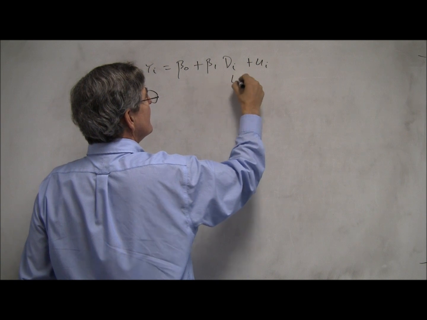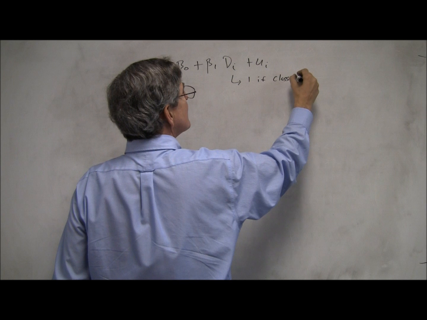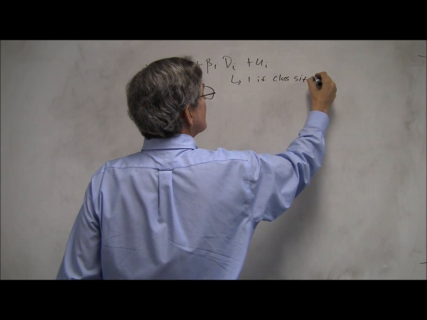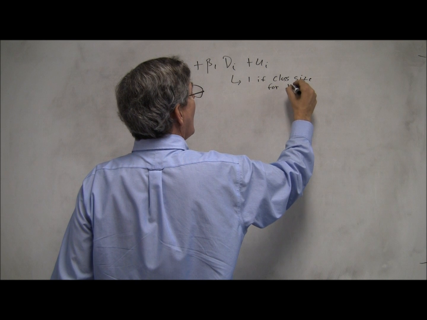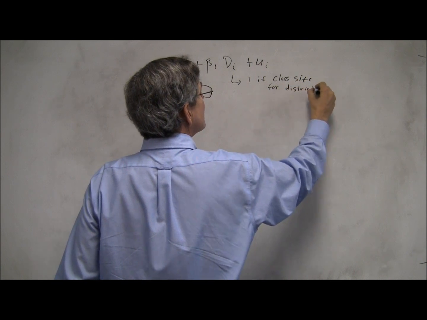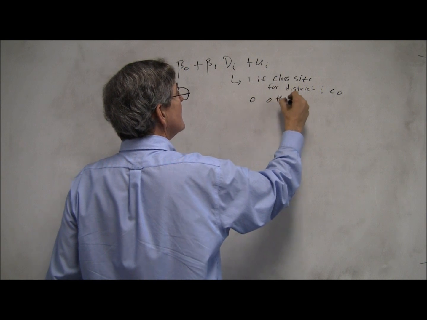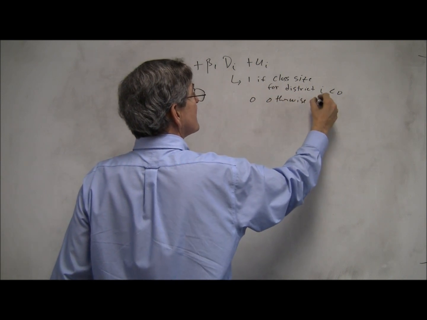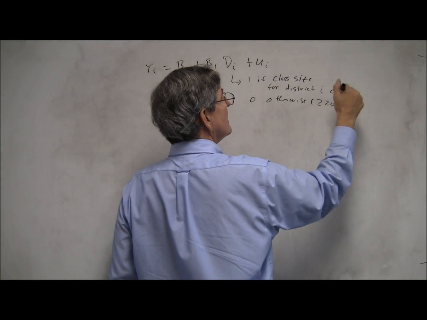And again, D_i is 1 if class size for district i is less than 20, 0 otherwise, that is, greater than or equal to 20.